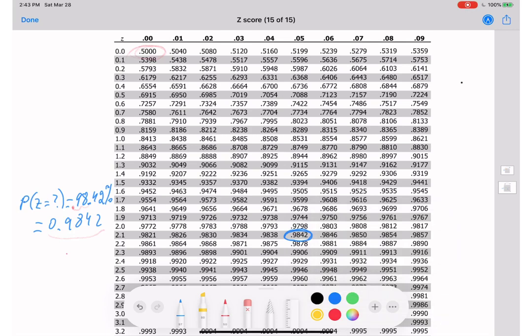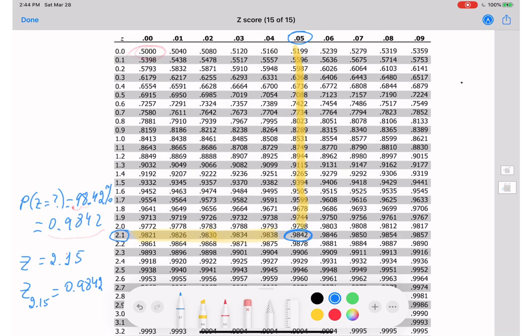Okay, so which means it's coming this way for z-score, and decimal notation for z-score comes this way, which means we get z-score is equal how much? 2.1 and 0.05. So if you add them to each other, you will get 2.15. So from here we can say that z-score 2.15 is equal to 0.9842. Are we good?